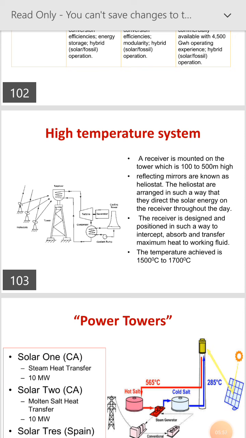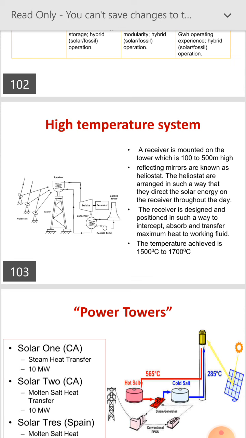High temperature system. A receiver is mounted on the tower which is 100 to 150 meters high. Reflecting mirrors are known as heliostats. The heliostats are arranged in such a way that they direct the solar energy onto the receiver throughout the day. The receiver is designed and positioned in such a way as to intercept, absorb and transfer maximum heat to the working fluid.